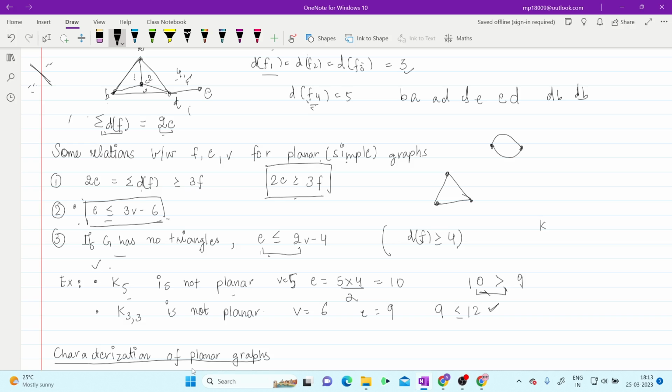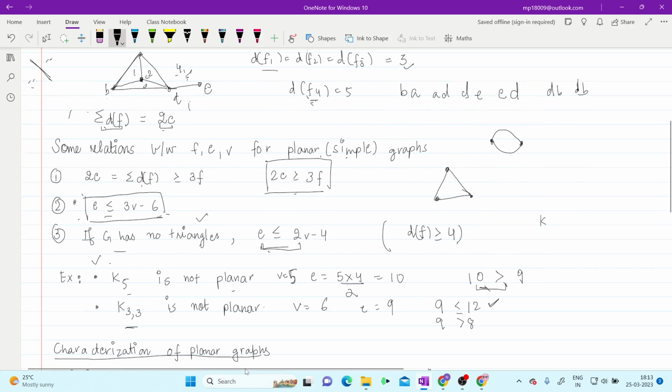So for a bipartite graph we can say that the number of edges should always be less than or equal to 2V minus 4. Now if we look at 9, and 2V minus 4 is 8. So since this is not satisfied, we can say that K33 is not planar.